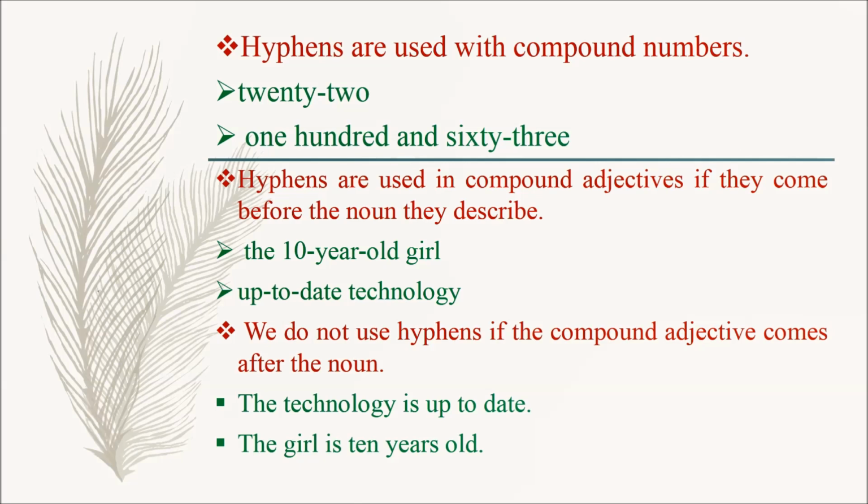Examples are the ten-year-old girl, up-to-date technology. Students, note this point. We do not use hyphens if the compound adjective comes after the noun. Example sentences are: the technology is up to date. The girl is ten years old.